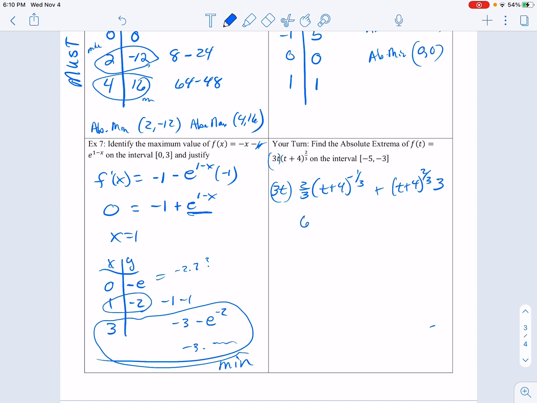So this is 6t over 3 times t plus 4 to the 1/3 plus 3 times t plus 4 to the 2/3. If I want to get a common denominator, I multiply top and bottom by that. So this is 6t plus, when you multiply this by 3 times t plus 4 to the 1/3, these add. So you end up with t plus 4 times 9. So you get 9t plus 4 times 9 is 36.